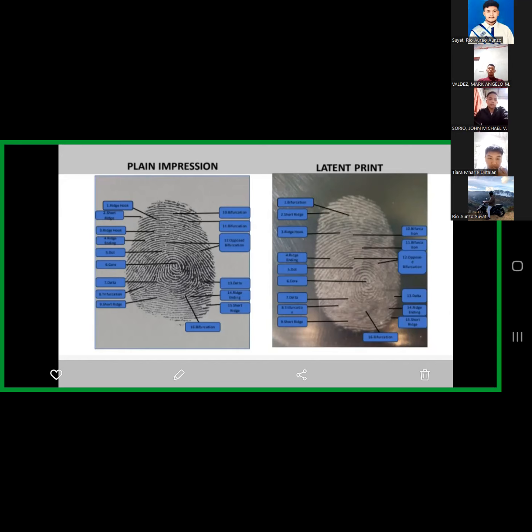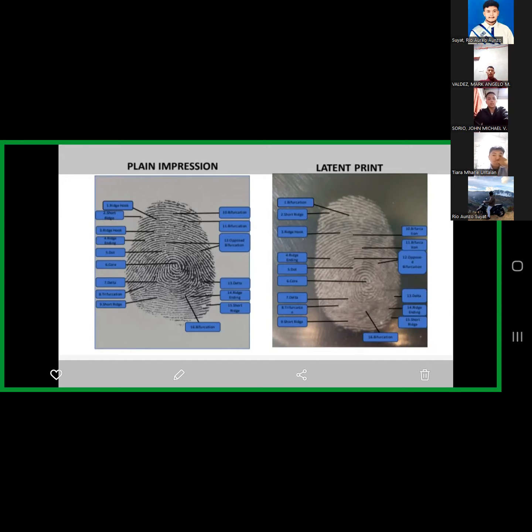Next, ridge ending, the termination of a ridge, defined as a point where a ridge ends abruptly. A ridge bifurcation is defined as a point where a ridge forks or diverges into branch ridges. Collectively, these features are called minutiae.